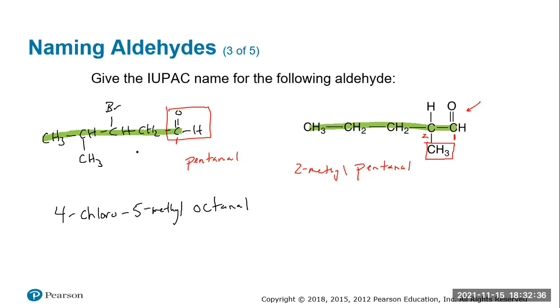This has to be carbon 1, which means this is carbon 2. That's carbon 3, where we have a bromo group, and that would be carbon 4, where we have a methyl group. Put in alphabetical order, we'll go with bromo before methyl. And that would be 3-bromo-4-methylpentanal, al at the end of that. Any questions on that name there?